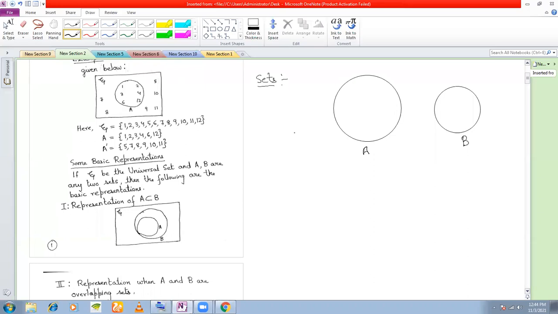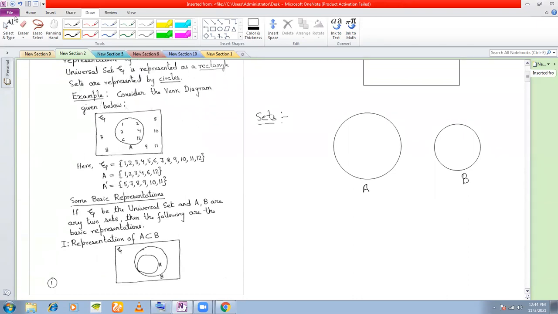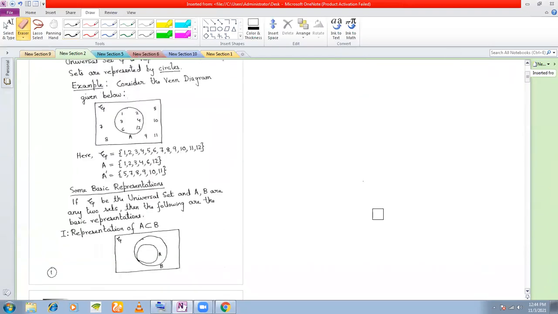For example, look at this example here. You have this rectangle as your universal set, and this circle is the set A. If I want to write the universal set in tabular form, whatever elements you can see within the rectangle will be the universal set.